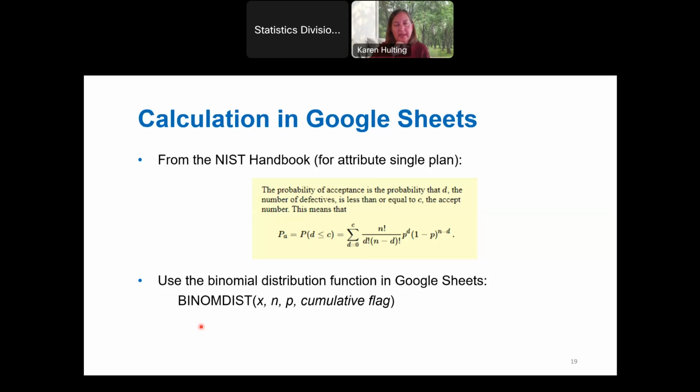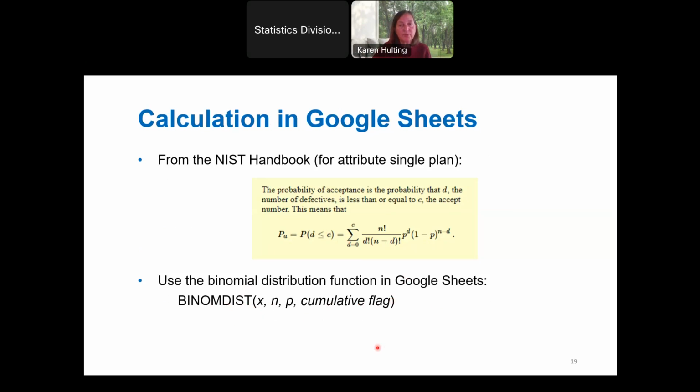This is from the NIST handbook, which I highly recommend. If you're looking for anything to do with statistics and you need to have a reference, the NIST handbook is a really good source. It turns out that Google Sheets and Excel have this binomial distribution formula programmed right in, so you don't have to worry about this formula here.